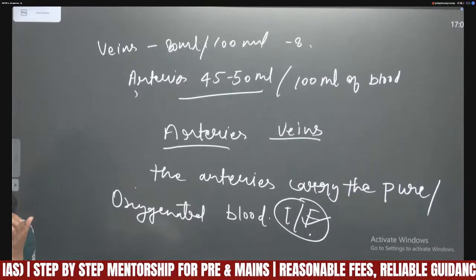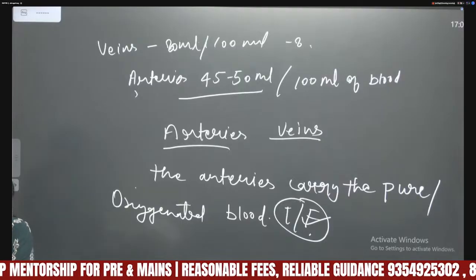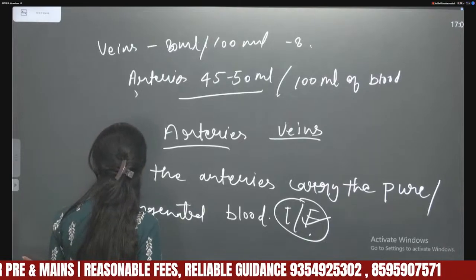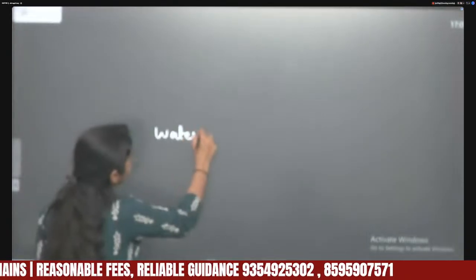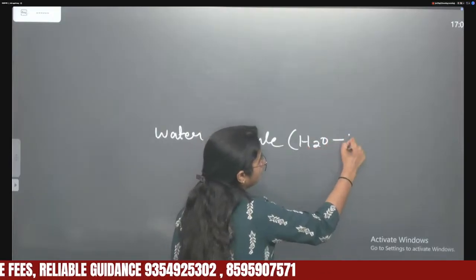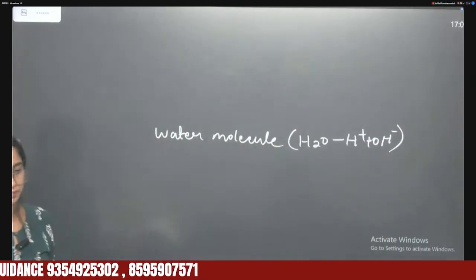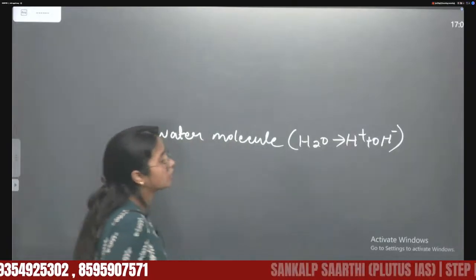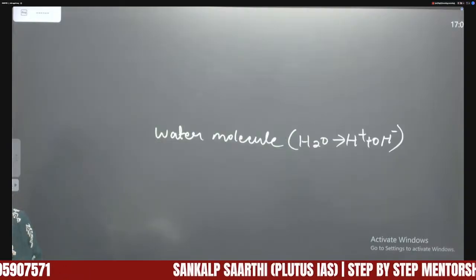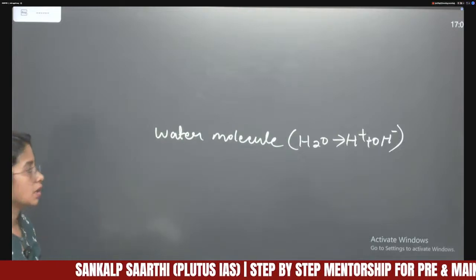As carbon dioxide enters the blood, it reacts with a water molecule in the plasma and forms carbonic acid.